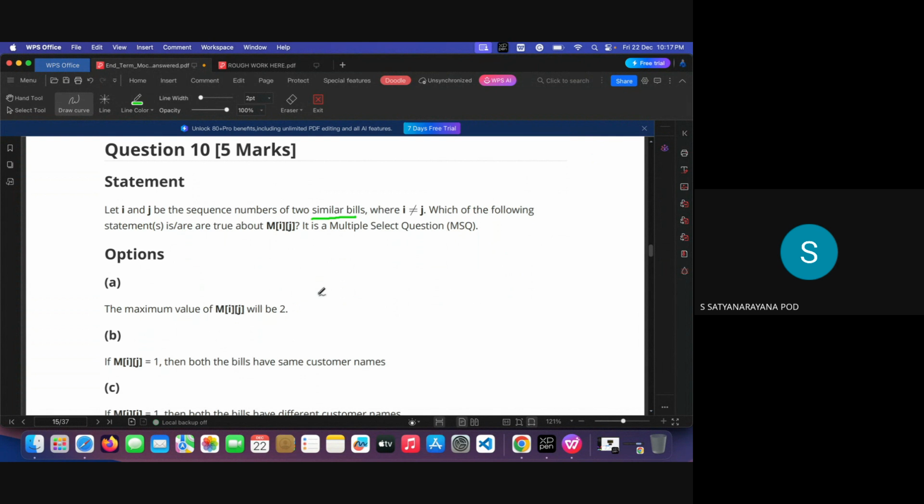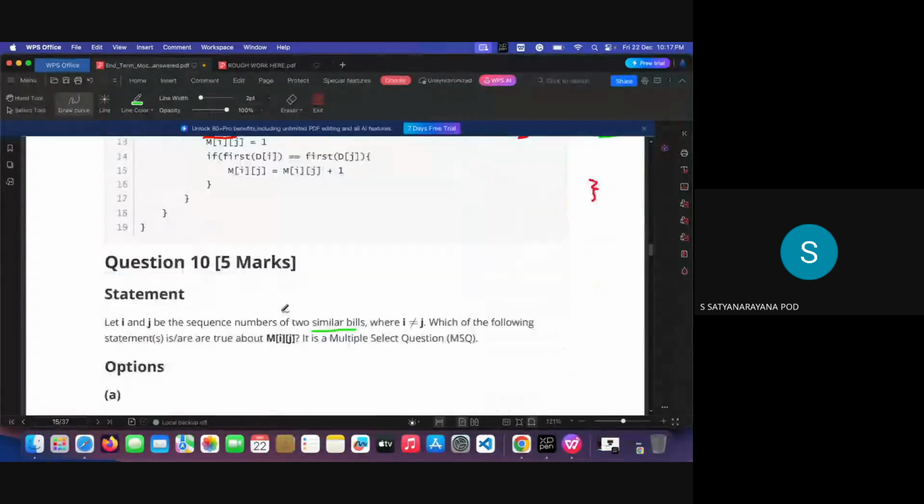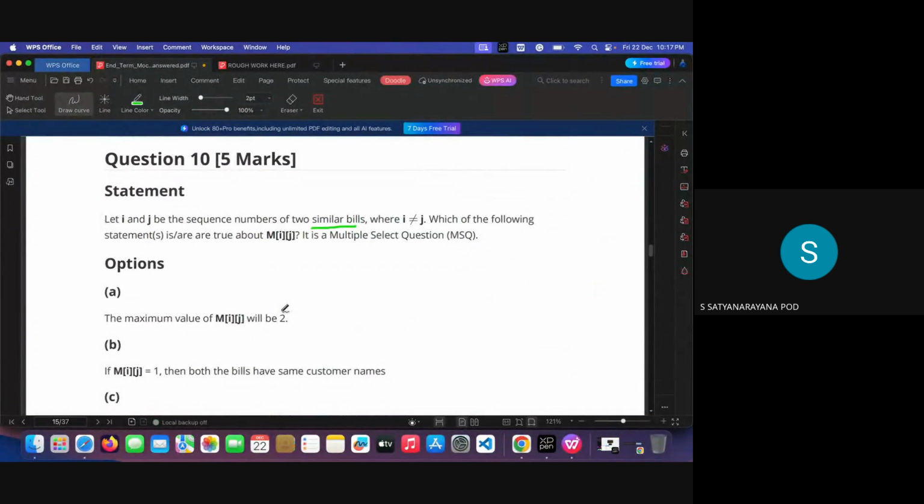In this case, the maximum value of m of ij will be 2. The reason is, if the same bill is found twice, we increase it. Two similar bills means we can increase at most only to 2, because they said clearly 2 similar bills.